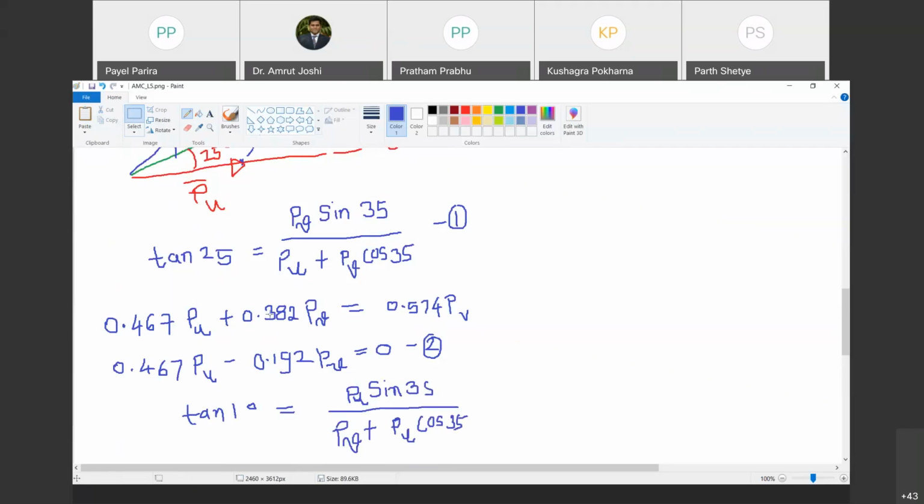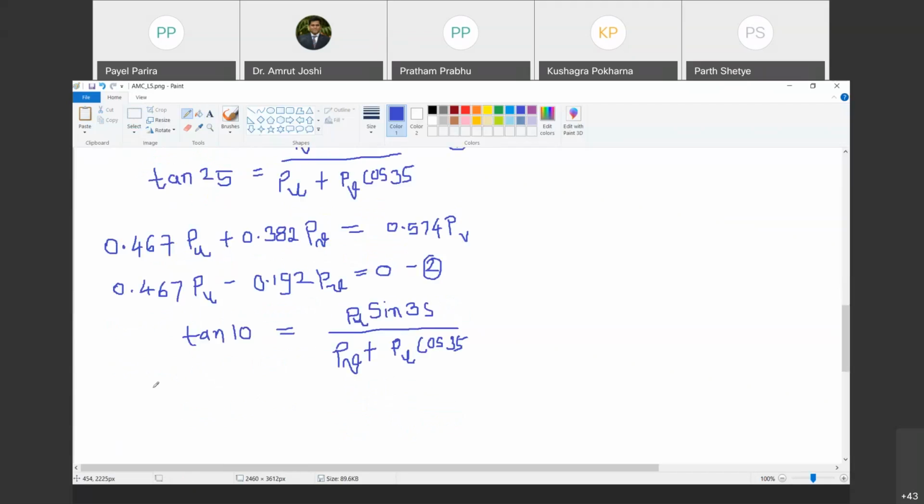What do we do now? Tell me how much is tan 10? 0.176 PV. Yes. Tell me how much is 0.176 into cos 35? So 0.144.